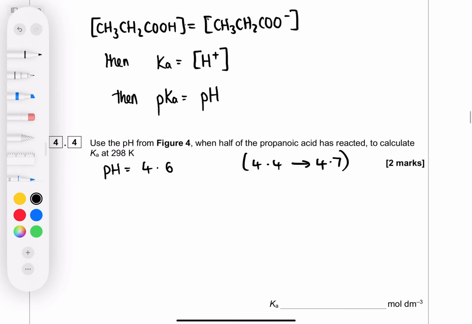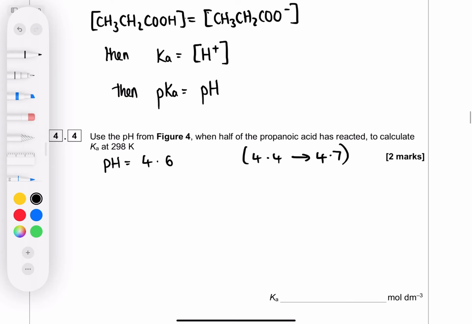So if the pH in my answer is 4.6, then pKa equals 4.6. So Ka equals 10 to the minus of my answer. On my calculator, 10 to the minus 4.6, again using whichever pH value you've chosen, is 2.51 times 10 to the minus 5.